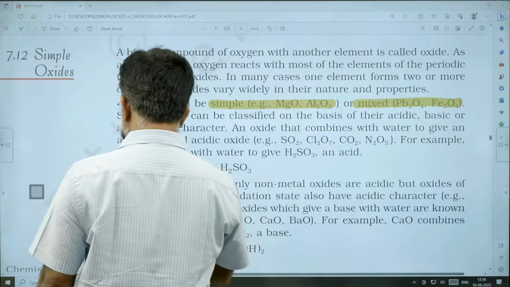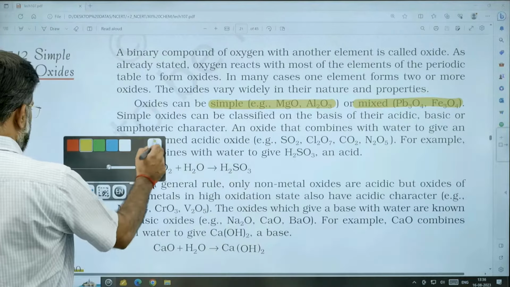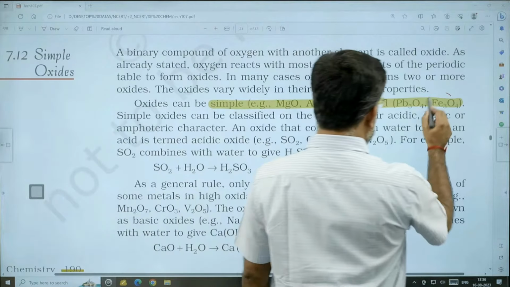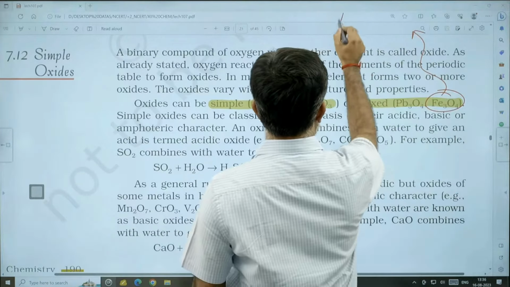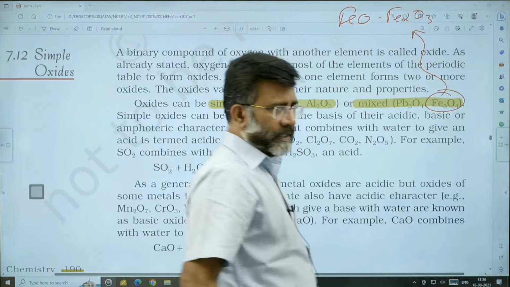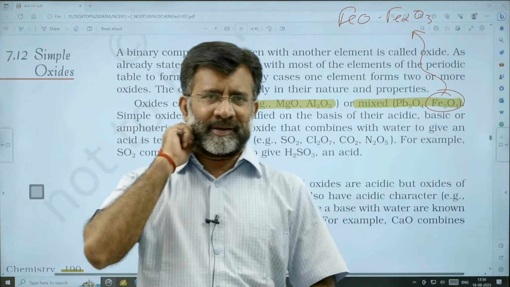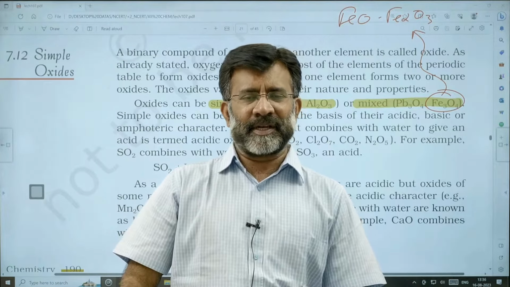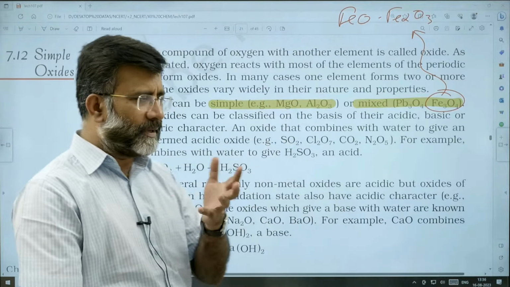What is the composition of Fe3O4 magnetite? Many of you know this composition is FeO·Fe2O3. It is ferrous oxide and ferric oxide, ferrous and ferric oxide. That is Fe3O4 magnetite. It is a mixed oxide.